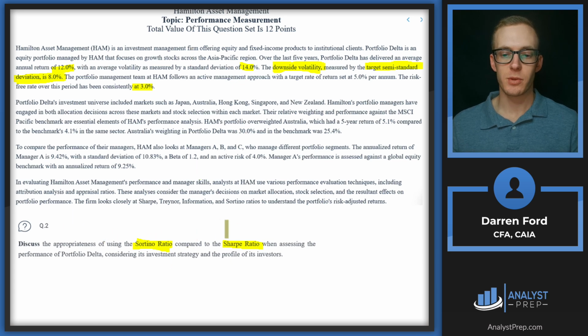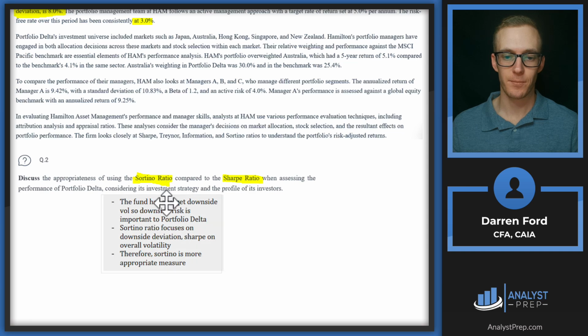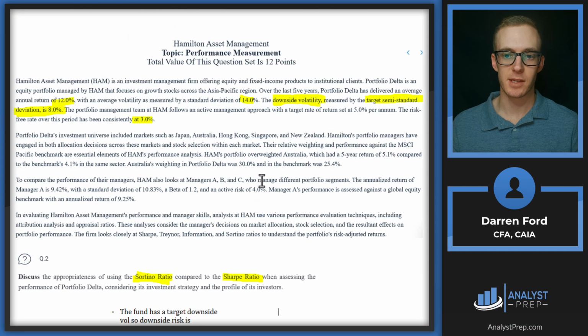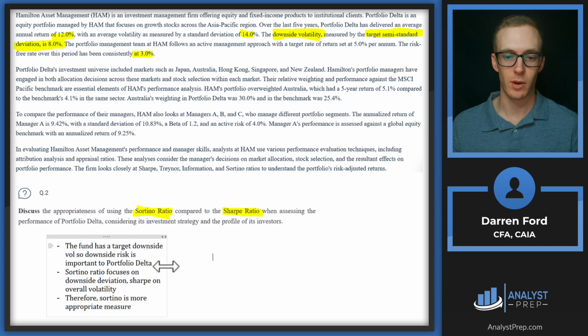So now that we have those two squared away, discussing the appropriateness of using the Sortino ratio versus Sharpe, I'm going to pull the 3 bullet points I have in here. And when you're answering questions on the test, it's always good to bullet them out like this. It can be short, quick bullet points that make your point. So essentially, the fund has a target downside vol.